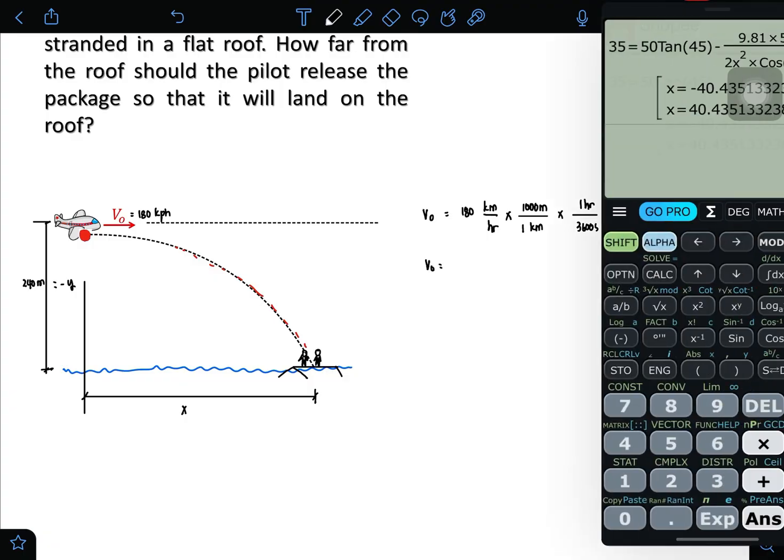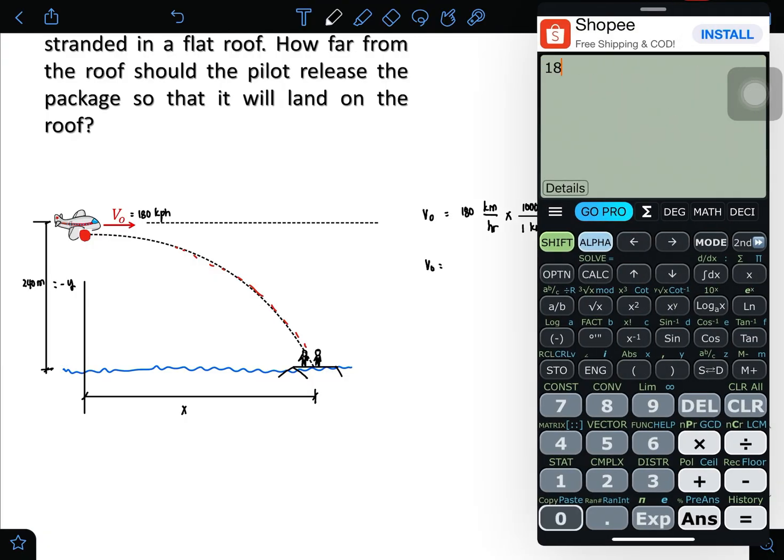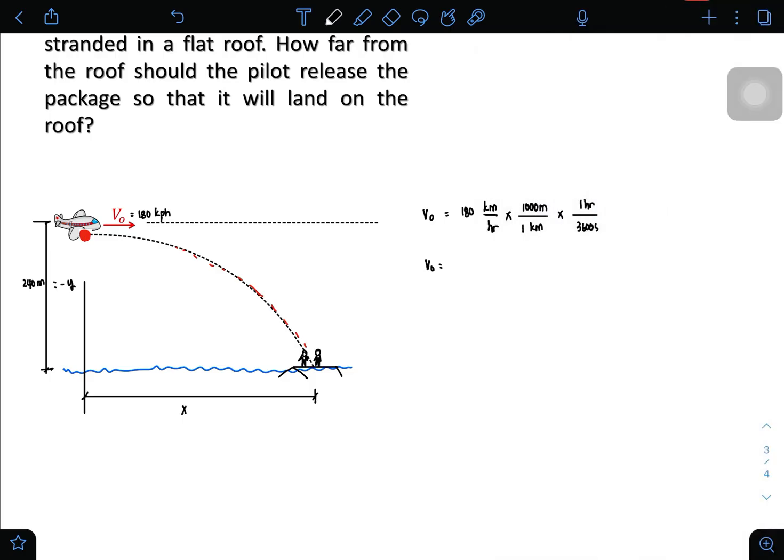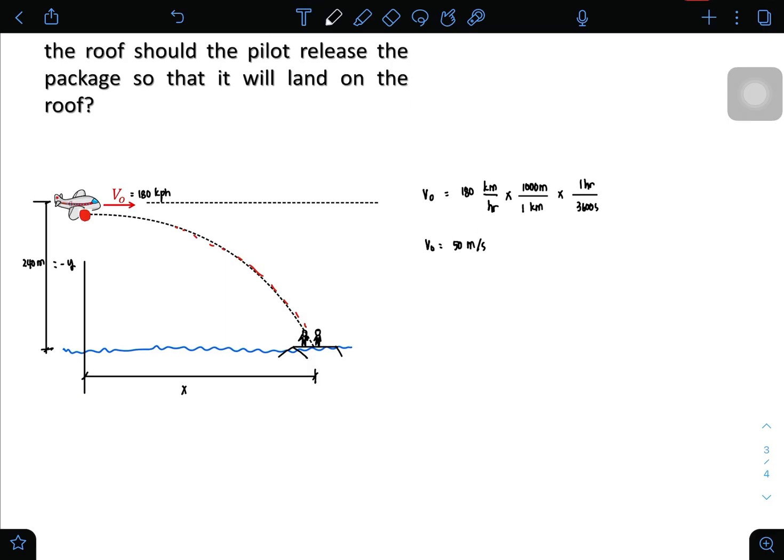So V0 in meters per second is 180 times 1,000 divided by 3,600, which is 50 meters per second. And then our y value is negative 240. Again, it's negative because the final point of the raft is found below the initial point. And then x is the question.